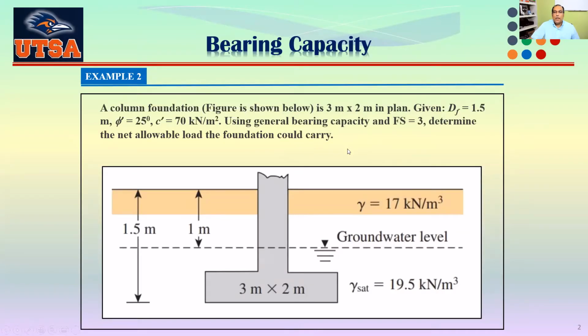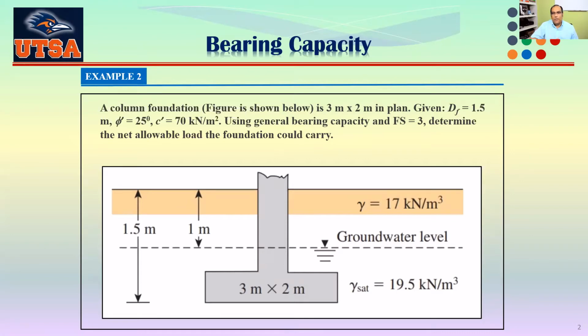Okay. So if you see any problem like in chapter 6, the first thing you have to take a look at is the location of the water table. And the second thing you have to see is the eccentricity. Is there any eccentricity there or not?